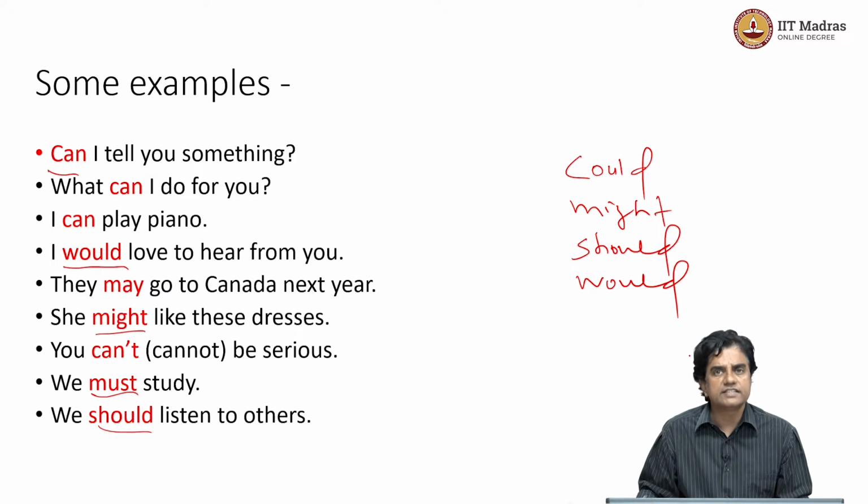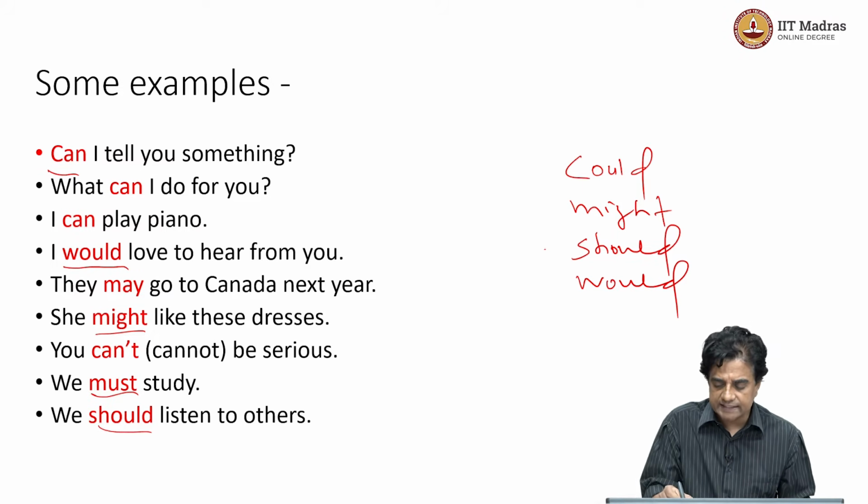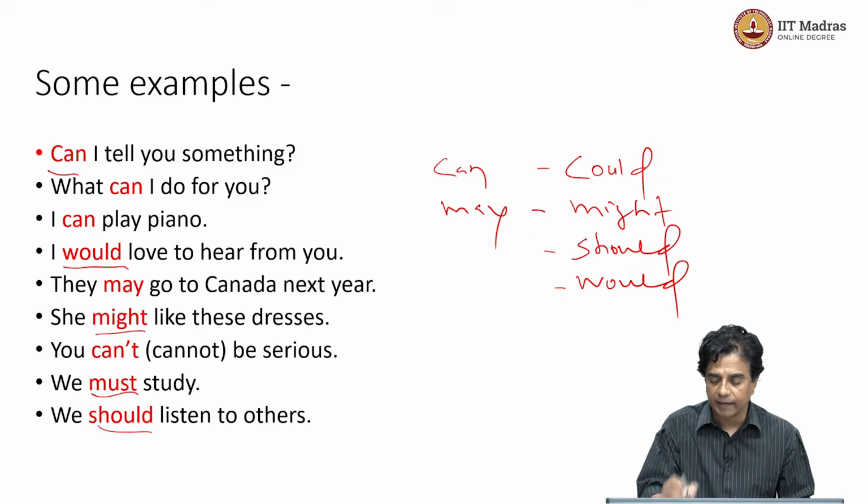There is a reason why people believe or would want to believe about these being past. For example, it's easy for us to see the parallel between the two. We see could derived from can. We see might derived from may.